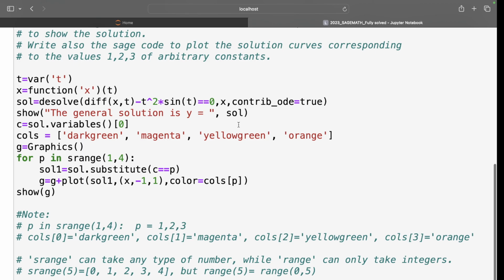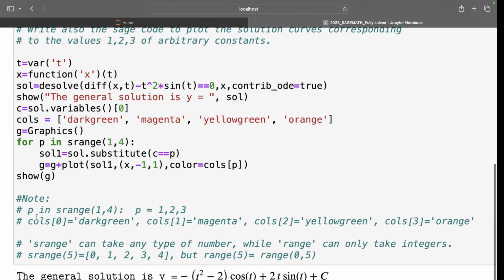This is the general solution, and C equals solution dot variables, with values 0, and colors dark green, magenta, yellow, green, orange. P equals graphics, and for p in srange 1 to 4, this means p takes the values 1, 2, 3 only. srange can take any type of numbers, either integer or decimal, but range can only take integers.